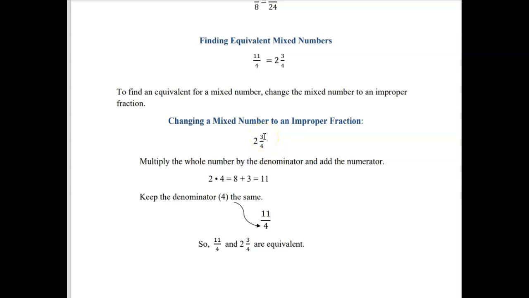Then we do 8 plus 3, and that equals 11. So the denominator stays the same. You keep that 4, but now the top number is 11. So 11/4 and 2 3/4 are the same thing. Okay, so you multiply here, and then whatever that equals, you add the top number. So multiply, get your answer, and then add the numerator, okay?